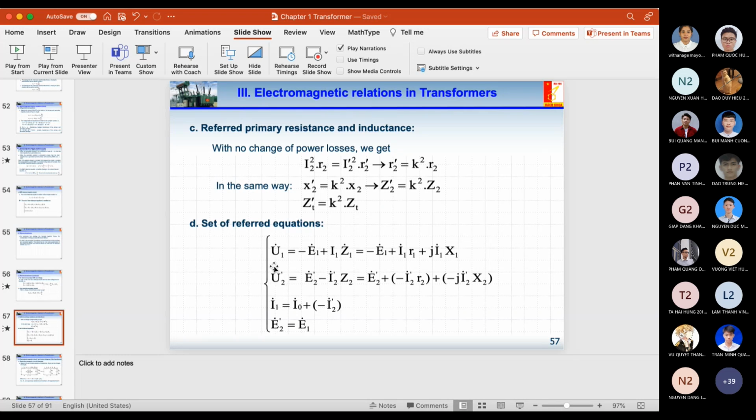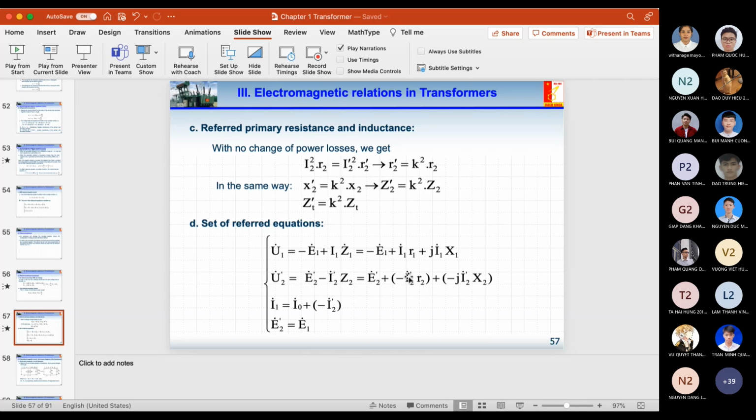In the previous slide you can see U2, and now U2 has changed: U2 with the prime, and of course E2 with the prime, and I2 also.